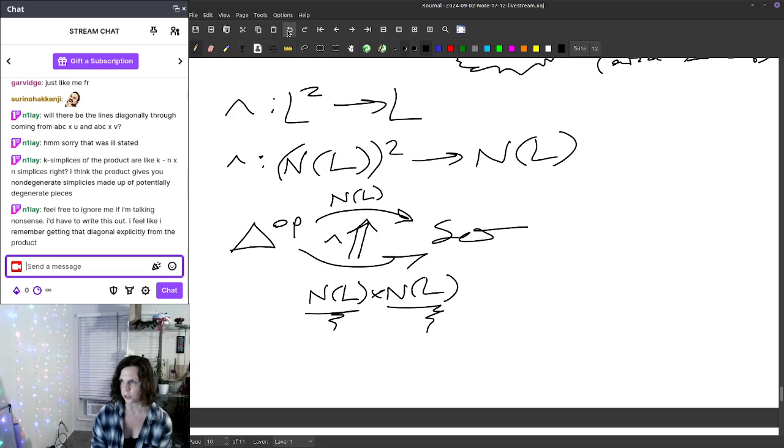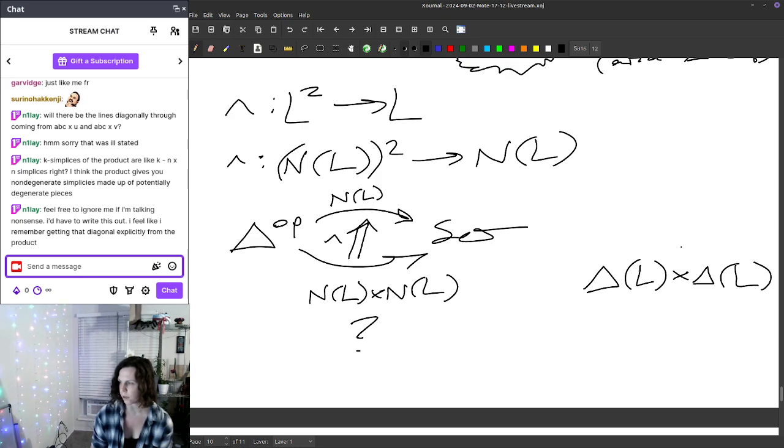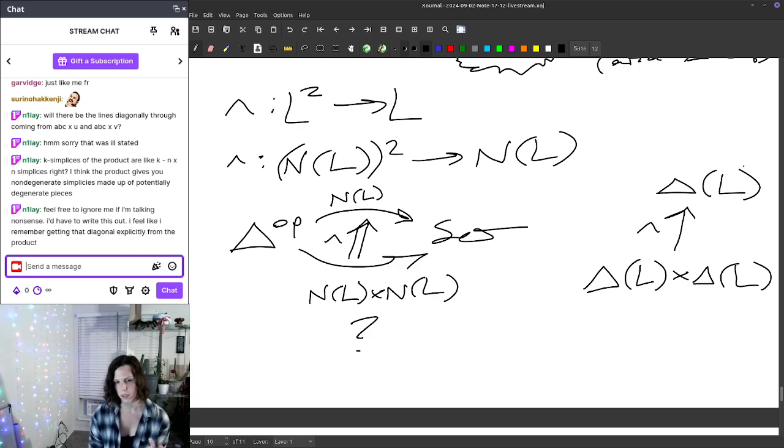I know that what I need is something from what I might call delta of L, the actual order complex, which is a topological space. I know that I want a continuous map from this to itself that is the meet operation. I know how to describe that explicitly, as others have before, like in the paper that I referenced. But what I was wondering was, is there a cleaner description in terms of simplicial sets?